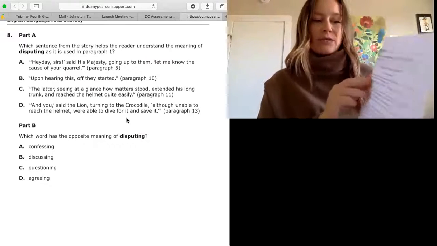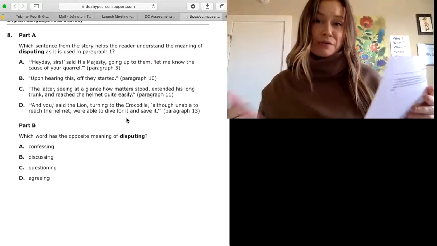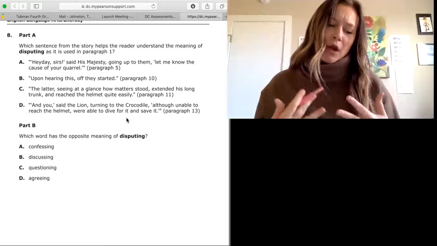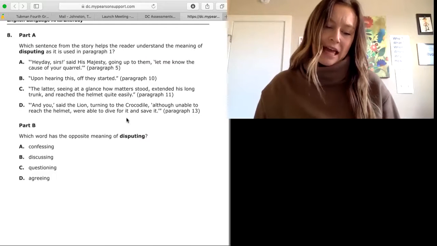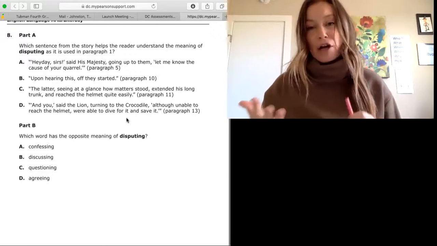We should be finding the word disputing. If we haven't already, we should be doing what to the word disputing? Underlining or circling it. And we should be thinking, what is happening in paragraph 1? The elephant and the crocodile were once standing beside the river and they were disputing as to which was the better animal.